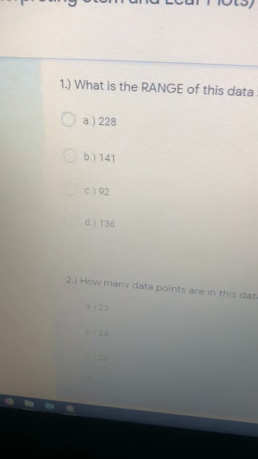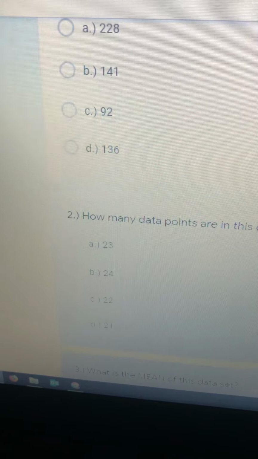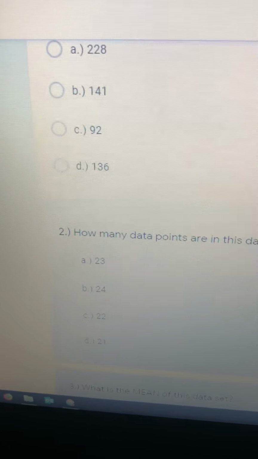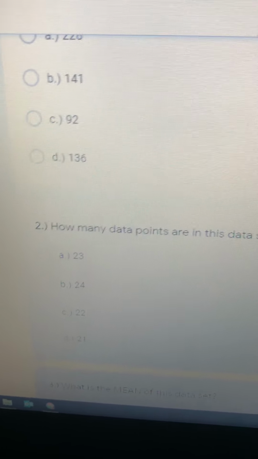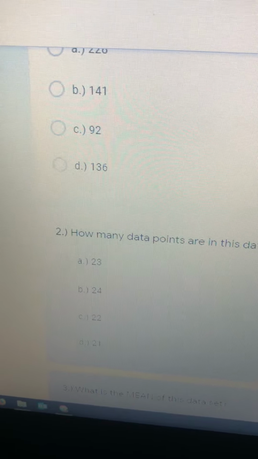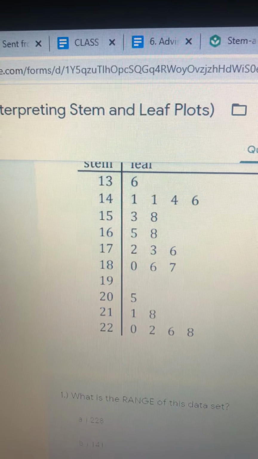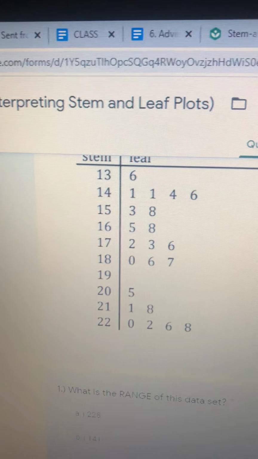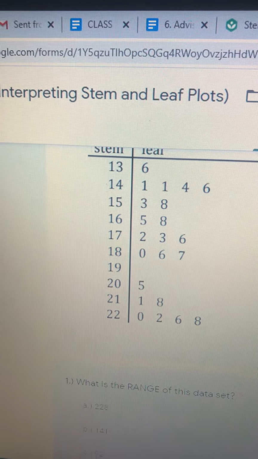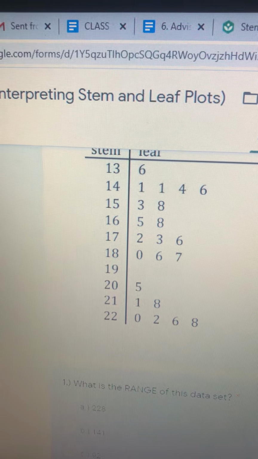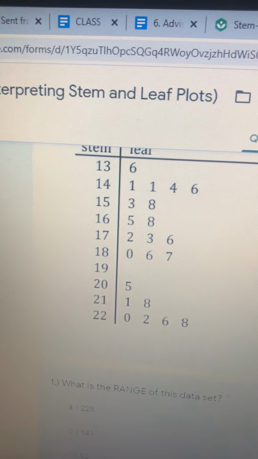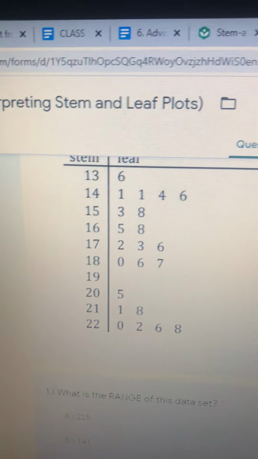Number 2 requires us to count. You always want to put them in order from least to greatest, even in a stem and leaf plot, and it's already here in order from least to greatest. So technically all you have to do is count how many numbers there are, and that'll tell you how many data points there are.